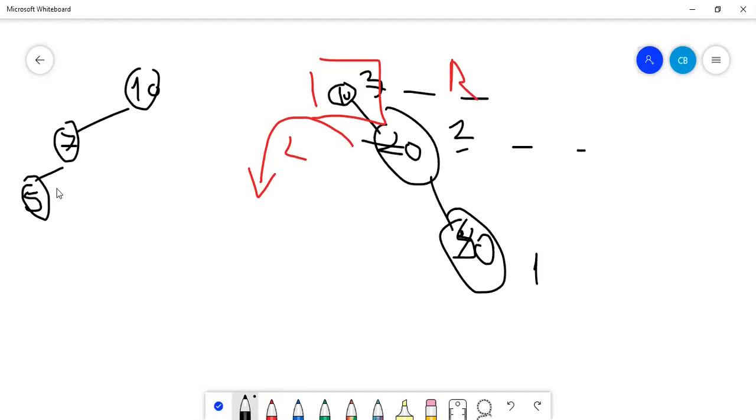If you compute the balances here, the balance factor for this one is 1. The balance factor for this one will be minus, let's see. The height of the right side subtree is 0, the height of the left side subtree is 1.